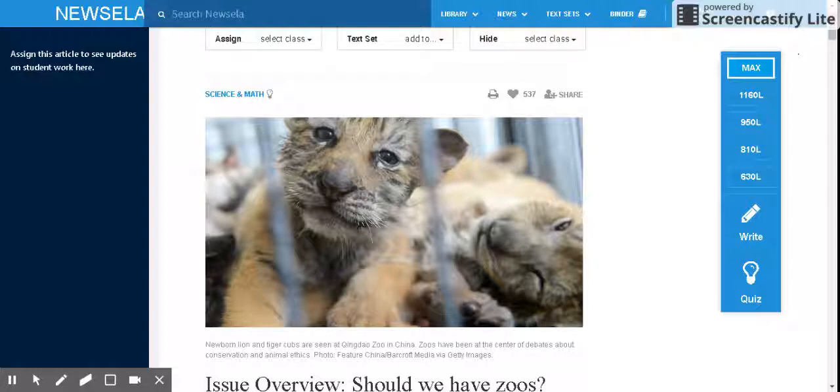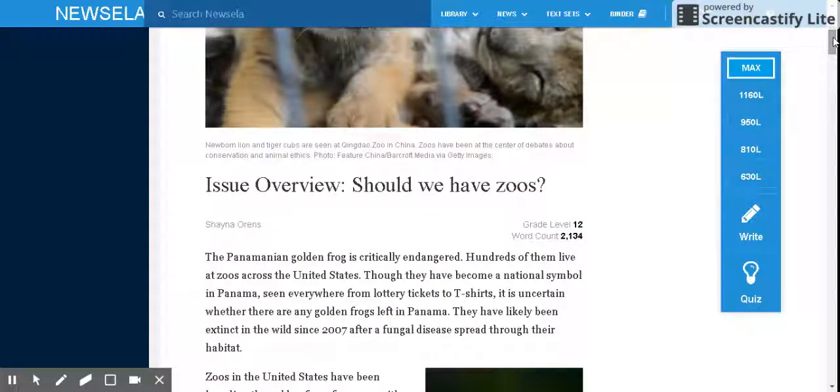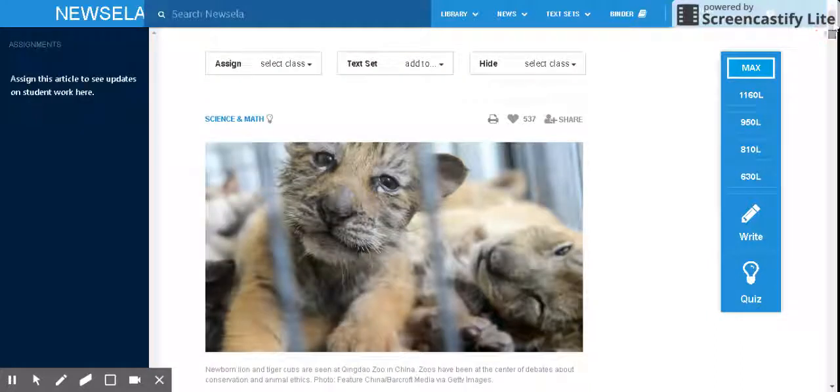So I consider this the beauty of Newsela. When I talk about Newsela with people, I talk about Newsela having beauty and magic. And this is the beauty of Newsela, is that they take an article that was written, and this one happens to be written by Shana Orens. Sometimes they often come from newspapers, a variety of sources where they get their information from.